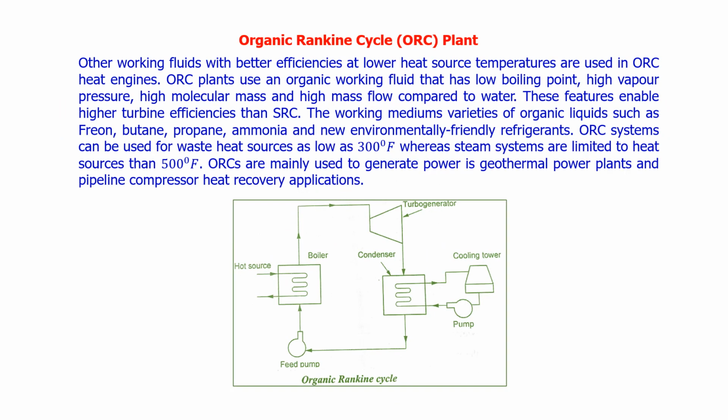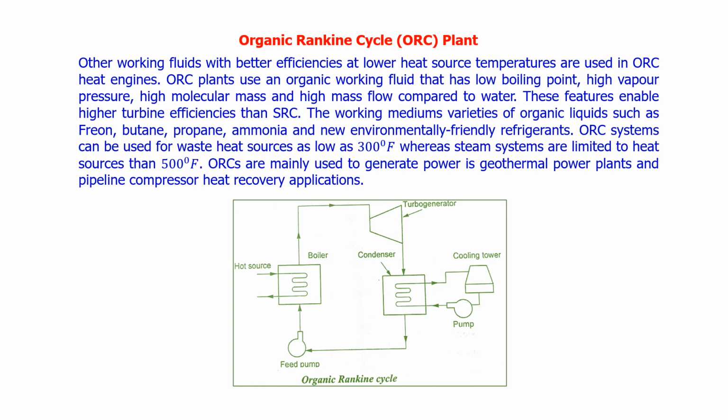The second one is the organic Rankine cycle. This is a different cycle. Here the working medium is butane, freon, propane, ammonia, that is natural working media, which have basic properties like low boiling point, high vapor pressure, high molecular mass and high mass flow rate compared to water.